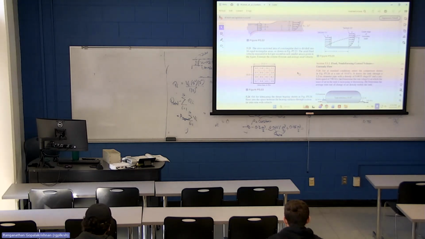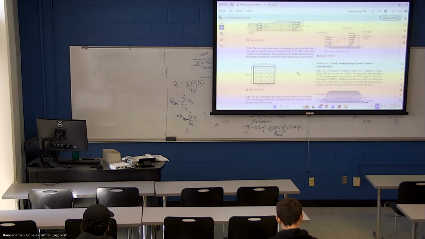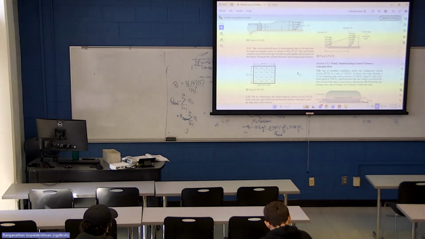Okay, so Q total is equal to area of each segment multiplied by the sum of all the velocities in each segment. This is also equal to area total multiplied by an average velocity.